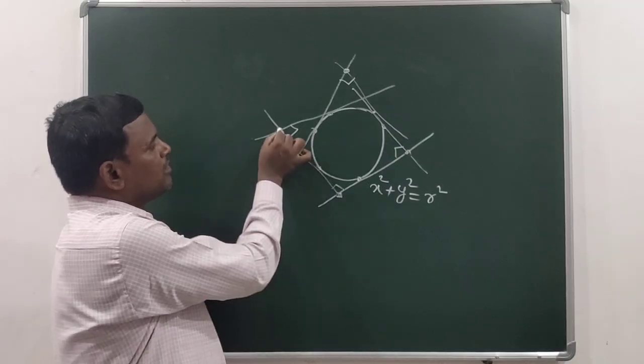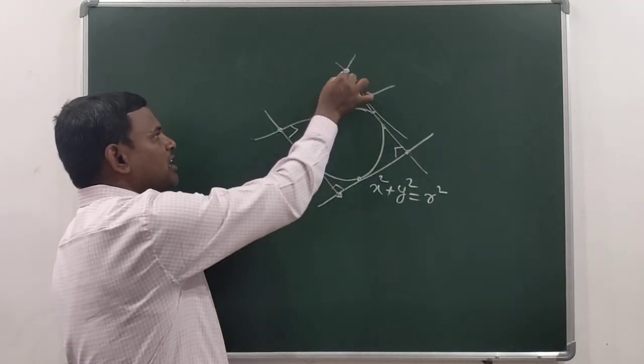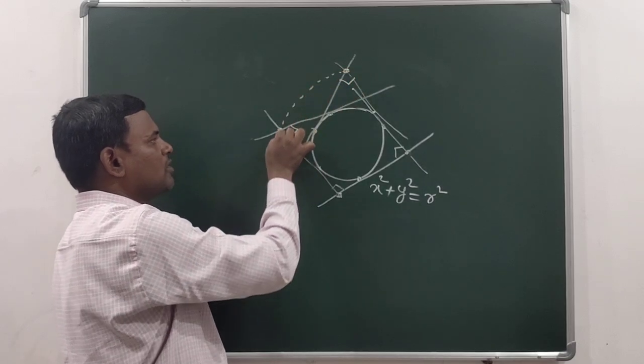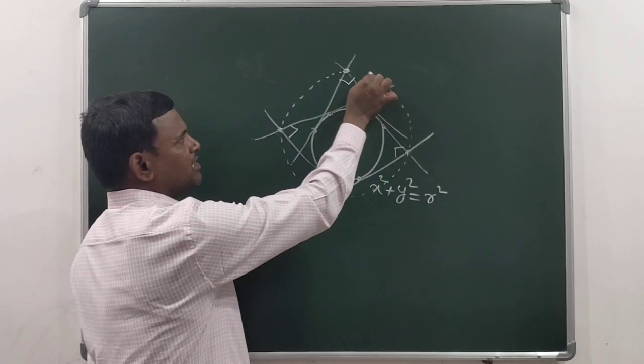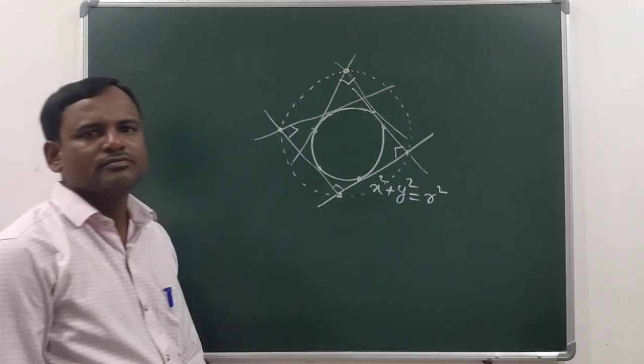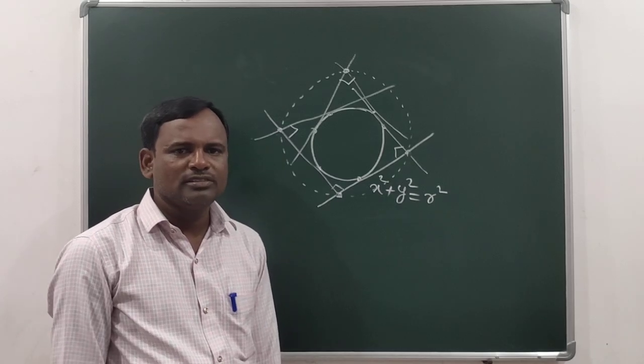So here we may get this kind of points outside. Now connect all of them. So you people will get a circle. So that is our required locus.